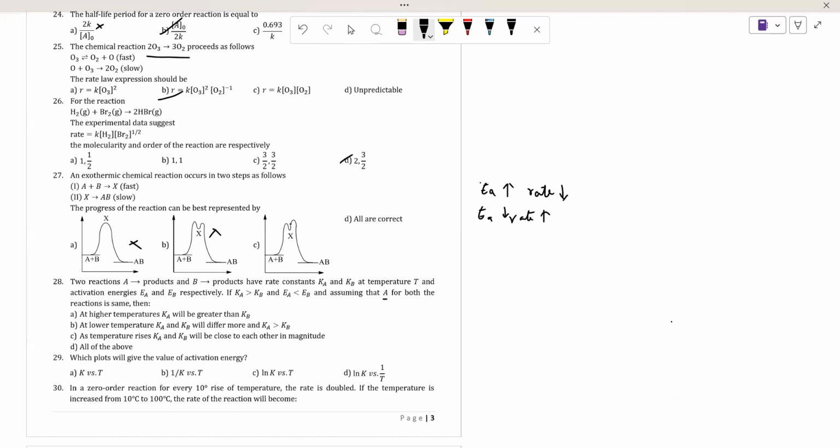A plus B giving rise to X happens through the formation of one transition state. And since this step is fast, the activation energy for the formation of X is lesser than the activation energy required for the formation of AB. So this is the slow step. Hence option C is very much correct. So option C for the 27th question.